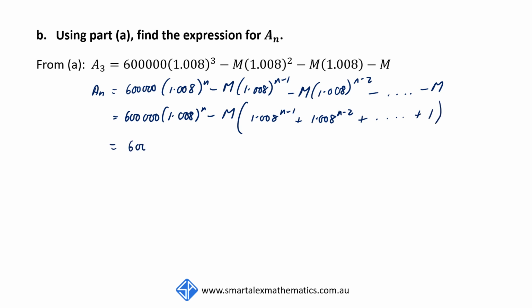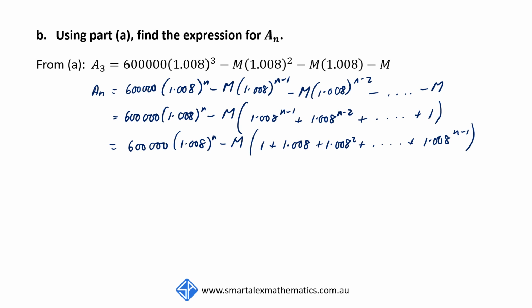And just to make it easier, I'm also going to rewrite the terms in reverse order. So I've got minus M, 1 plus 1.008 plus 1.008 squared plus all the way to the last term, which is 1.008 to the N minus 1.